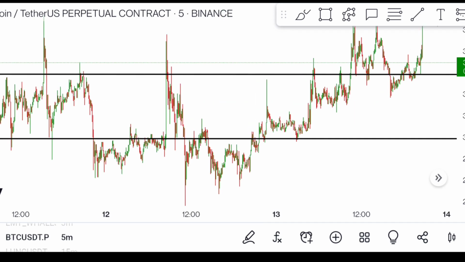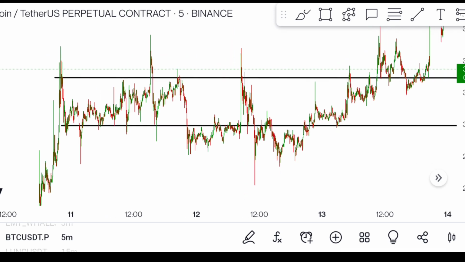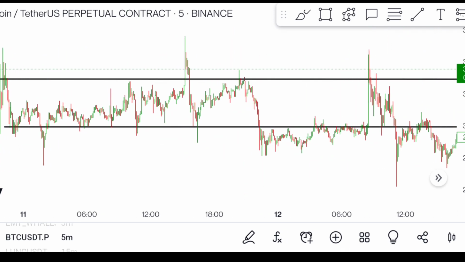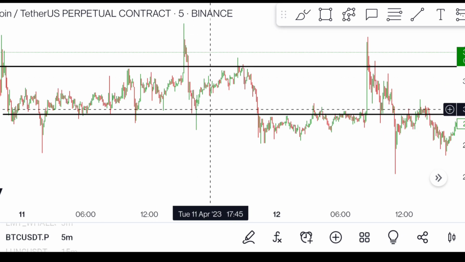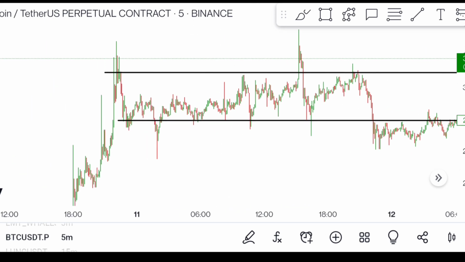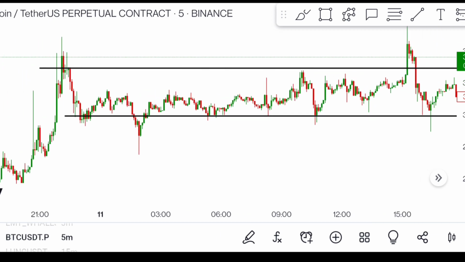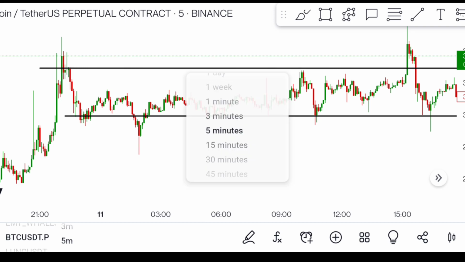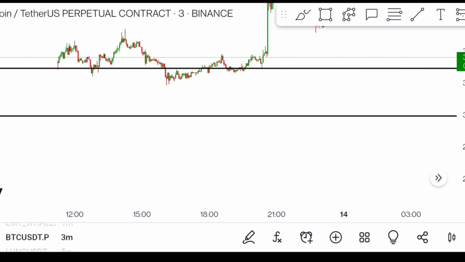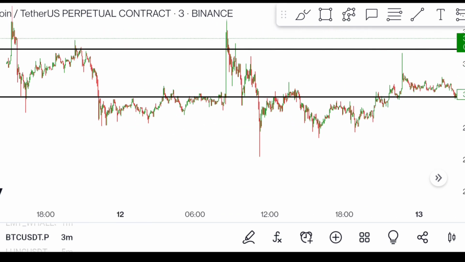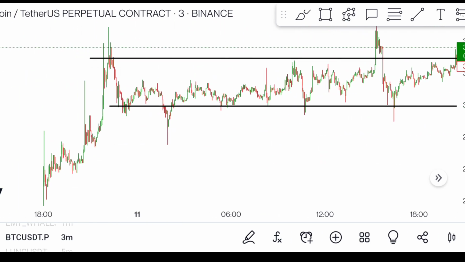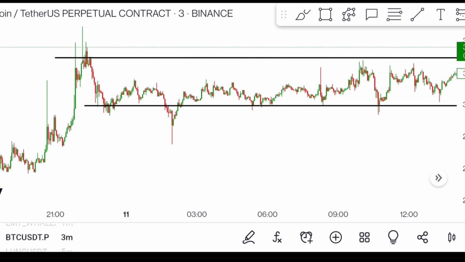So what you need to do is wait for a close above the resistance lines or below the support lines, and look for a structure which I am going to show you right now. If you get this structure below or above these points, then you can enter into your trades, okay. So I will use the 3 minute time frame here, and let's see if we have any structures.